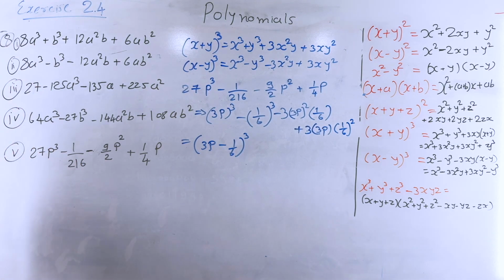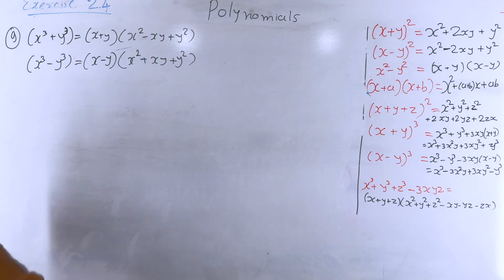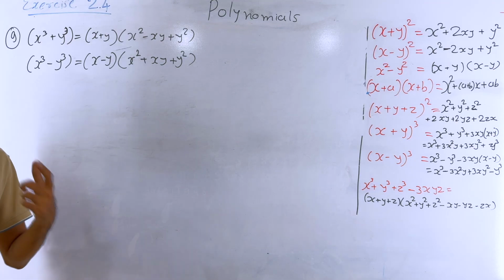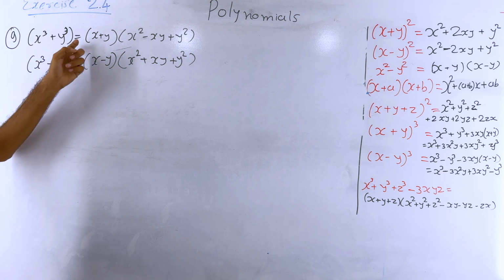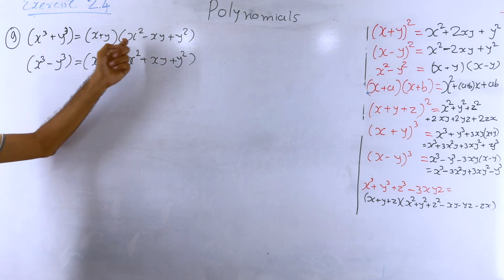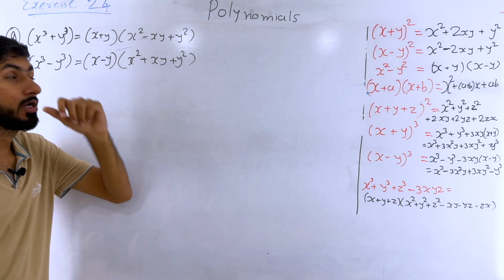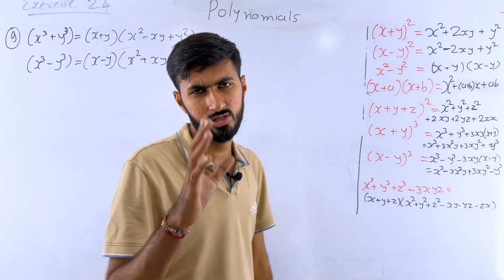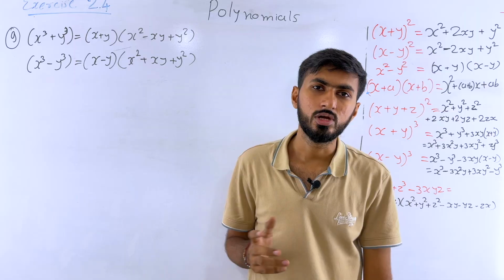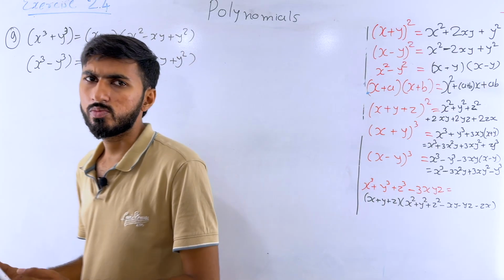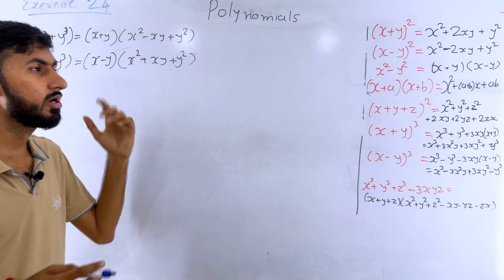Now we will do question number 9. This is your 9th question, a unique question. The question is, we have to verify that x cube plus y cube equals x plus y in the bracket x squared minus xy plus y square, right? See, the word verify is mentioned in your question. To verify you can use numbers also, but we will do the complete proof, right?